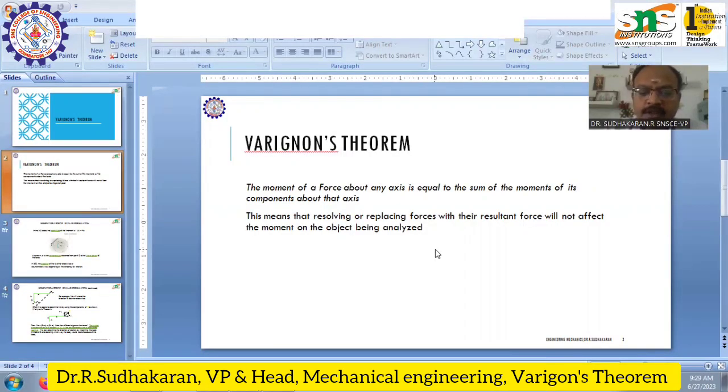That means the theorem says the moment of a force about any axis is equal to the sum of the moments of its components about that particular axis.